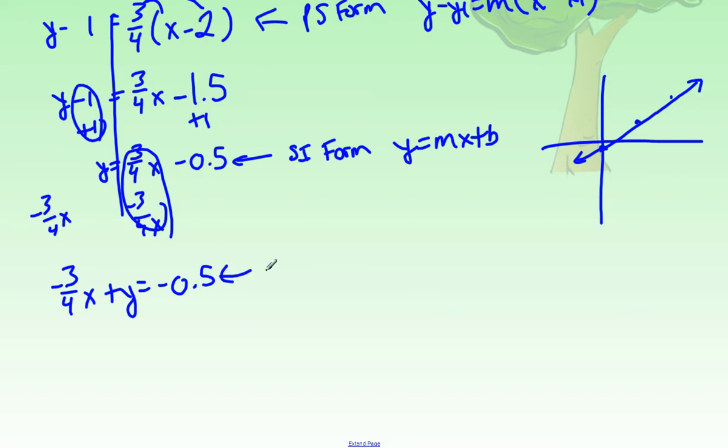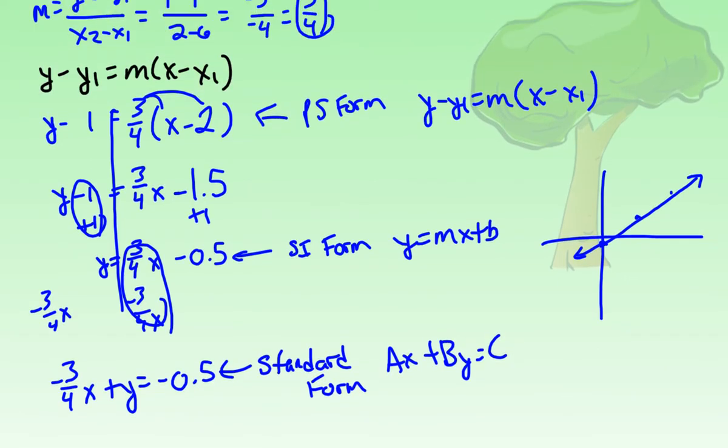And this is standard form, which looks like ax plus by equals c. And there we go. So we had the one extra step at the beginning of the problem by finding the slope first.